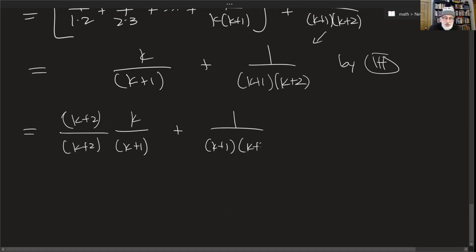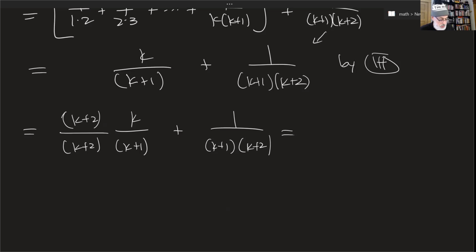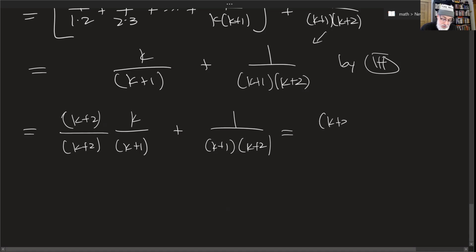Now, you don't really need this intermediate step. I just want to make sure it's clear that I'm multiplying the first term by k plus 2 over k plus 2, which is just 1, right? If I divide those, it's 1. So then I get k plus 2 times k plus 1, and then the common denominator is k plus 1 times k plus 2. All right, so far so good.